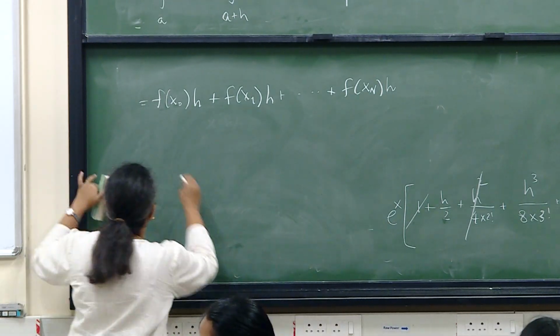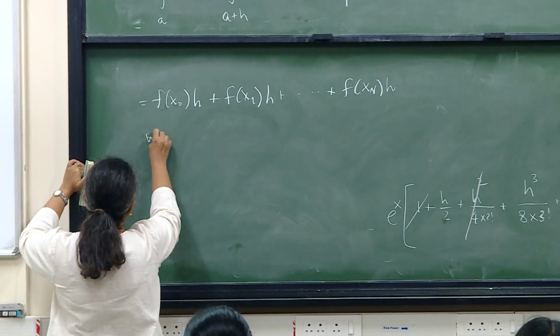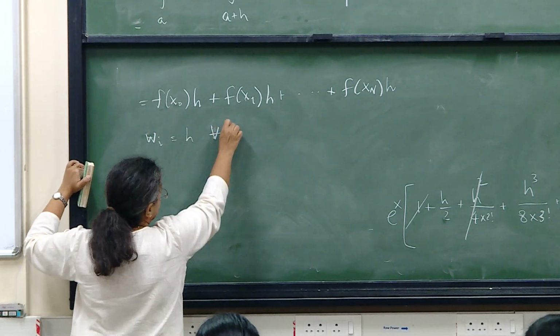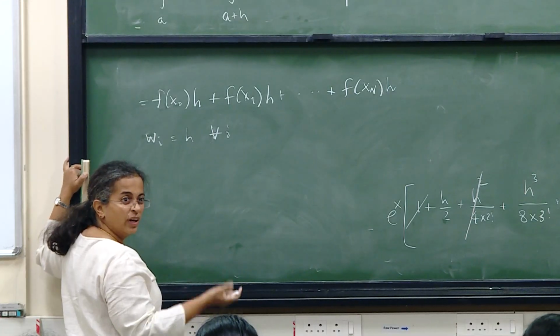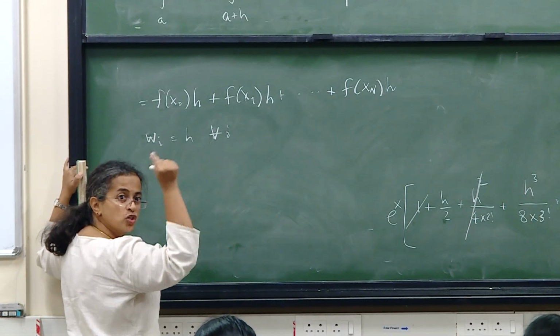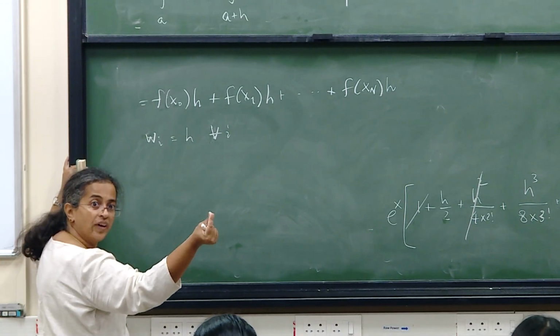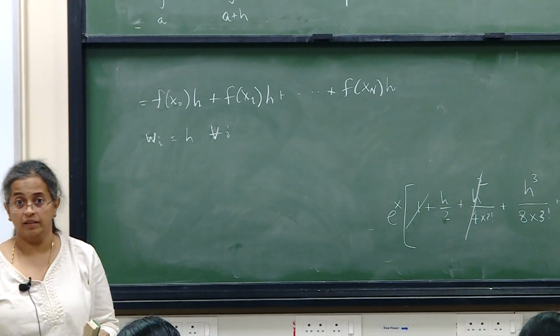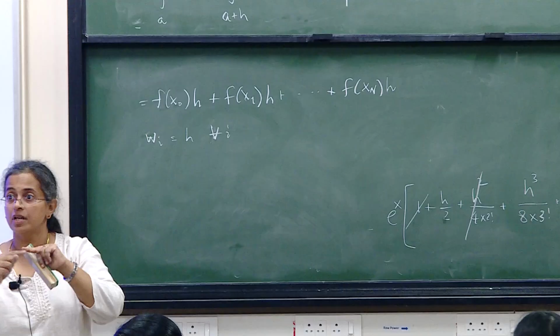So I know immediately by looking at it, each and every wi is h. That is the weight. So I'm giving the same weight to every value of x I take. Suppose I approximate it by a straight line. These rectangles become trapeziums.